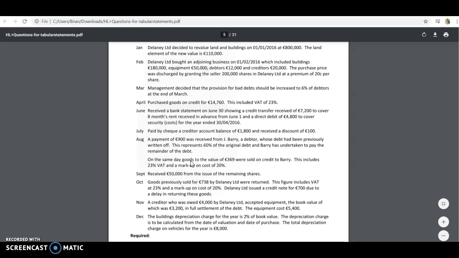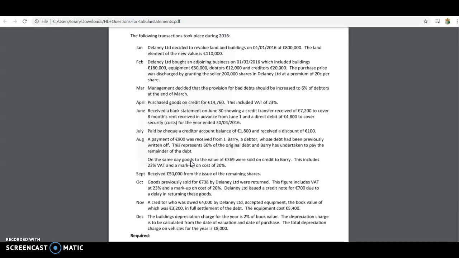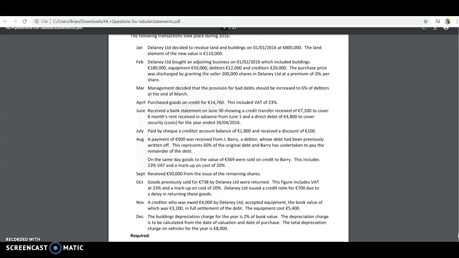So there's a profit element to that, and then there's an element of goods coming out of my stock. Okay, so the €300, before I ever worried about VAT, that included markup of 20%. So that €300 was 120%. Okay, 20% of it is profit, and the 100% is what's coming out of stock.